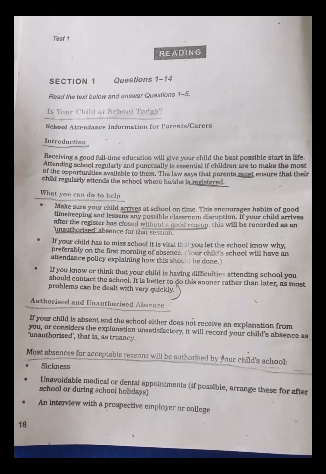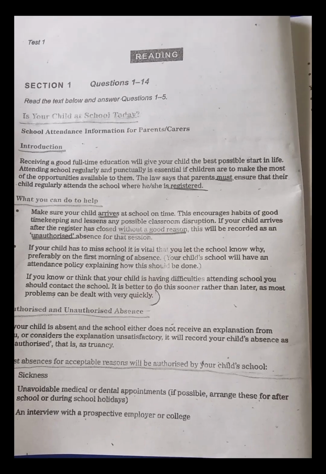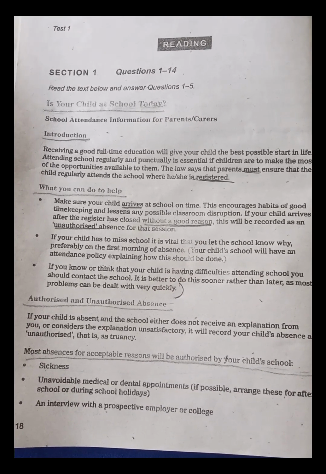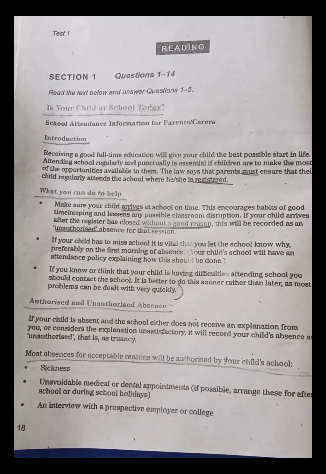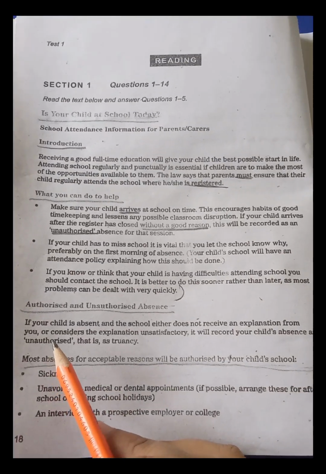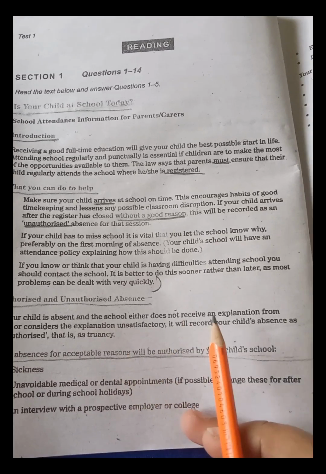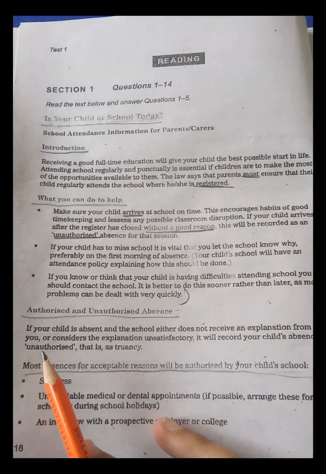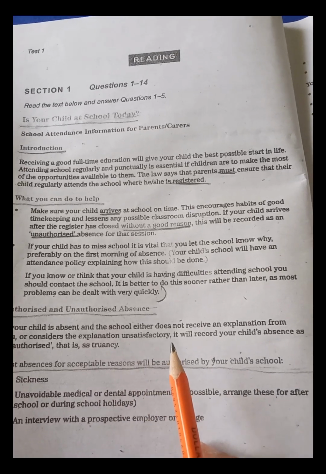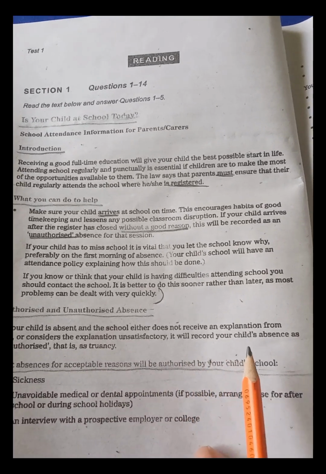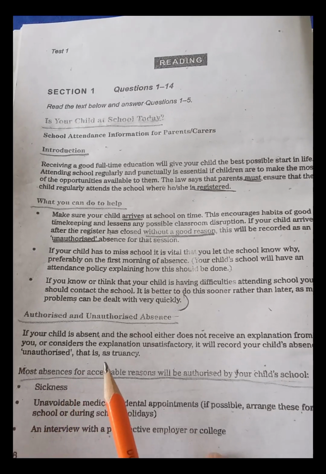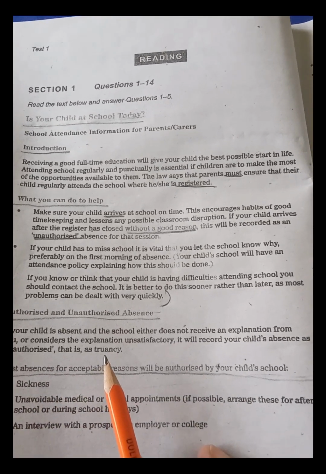Okay, now, if your child is absent at the school, either does not receive an explanation from you or considers the explanation unsatisfactory, it will record your child's absence as unauthorized, that is as truancy.